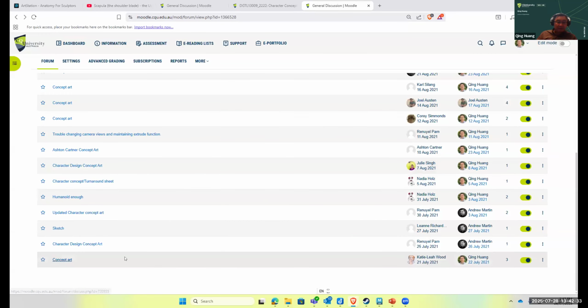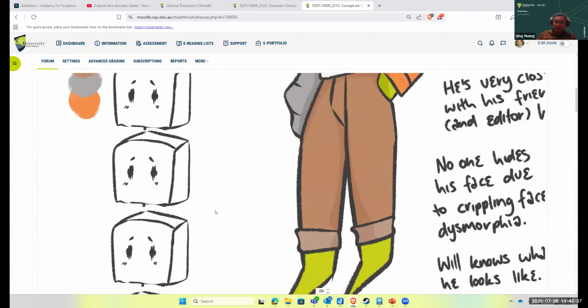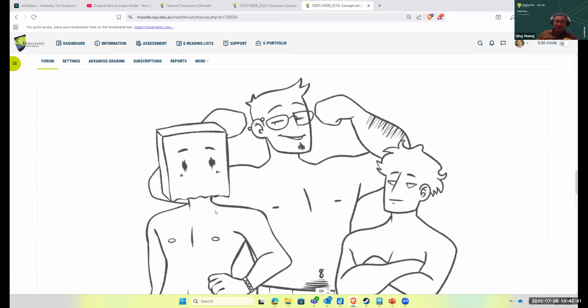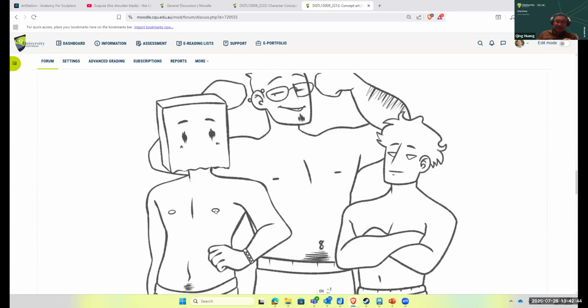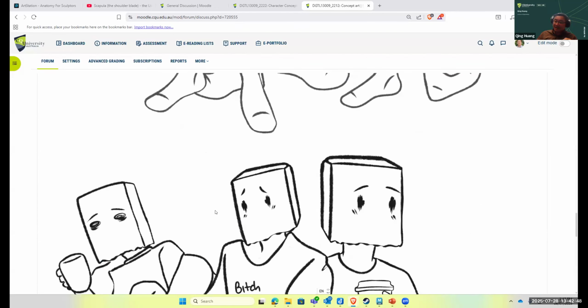So that's the previous year's students' design. You can see a lot of good design, although not necessarily carried out to the end, but it's an interesting process. It's an artistic process.